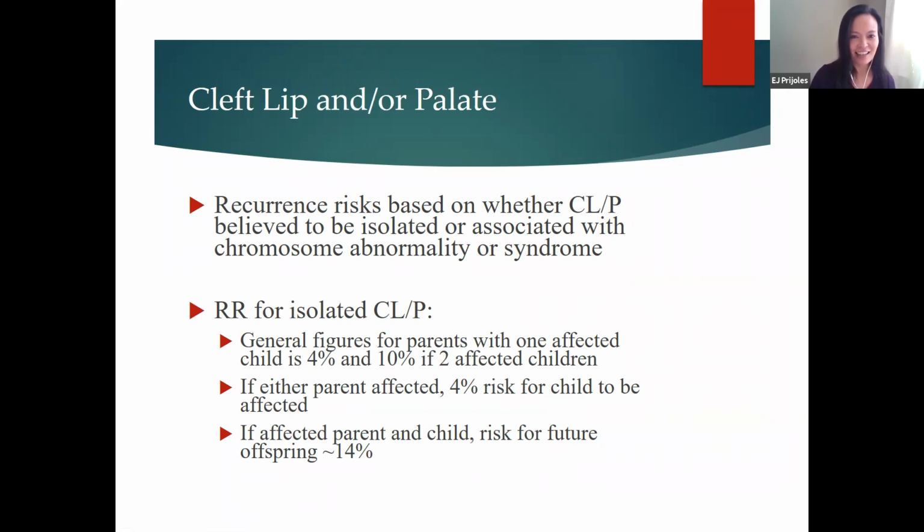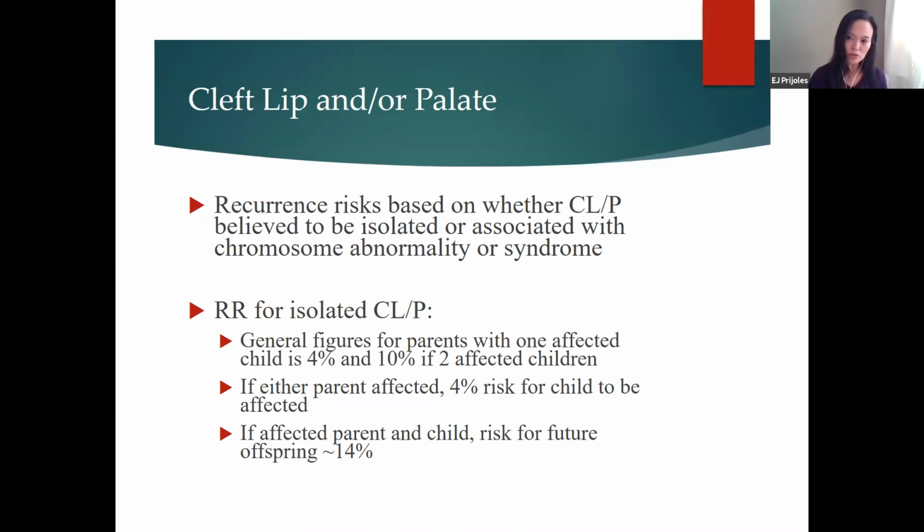All right. And then just to review, most of the time cleft lip and palate is isolated, and people ask questions about recurrence. Recurrence risk is based on whether you think this is isolated or associated with a chromosome abnormality or a syndrome. For those with isolated cleft lip and palate, the general figures or empiric risks we give are a risk of 4% if an individual has a cleft lip and or palate.